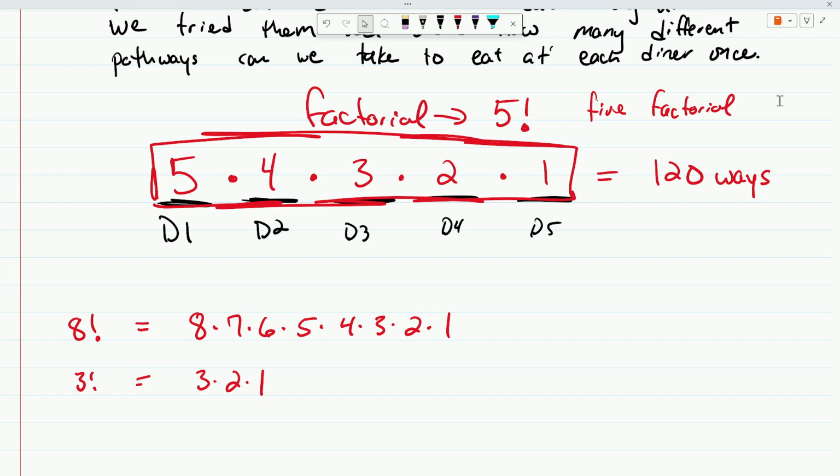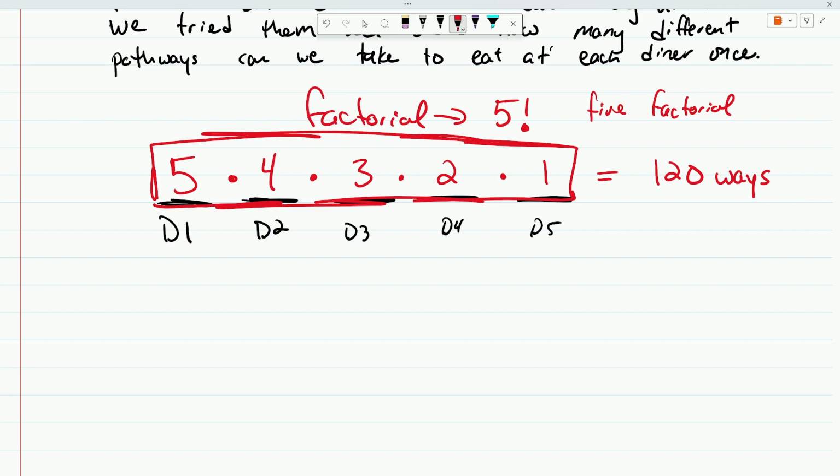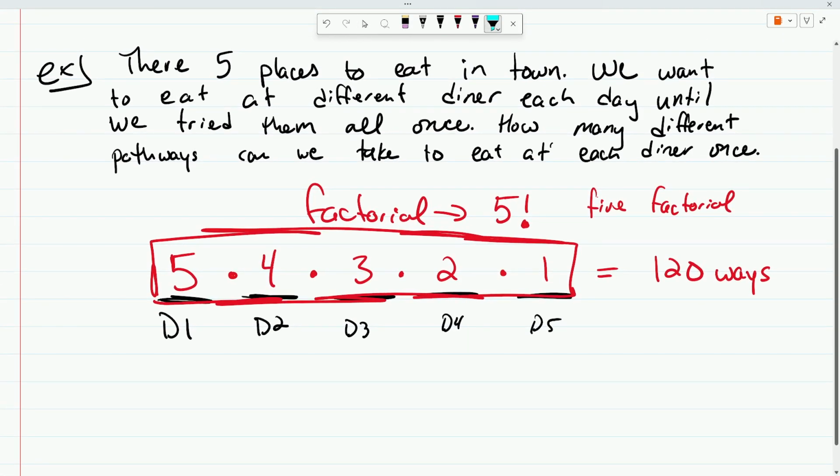So now that we know what a factorial is, something else special happened in this problem as well. The first thing was the factorial notation. The second thing was we provided a restriction. What we said was, if you remember, we want to eat at each diner only once. Now, that means order matters.